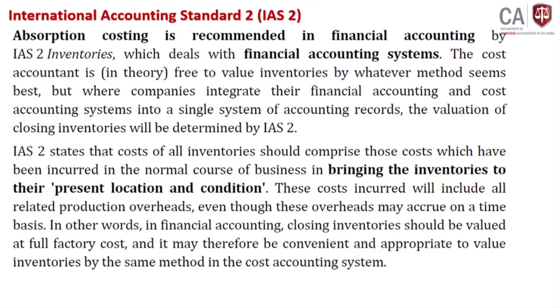Therefore, you have to include fixed production overhead cost also, which means full factory cost. Therefore, you have to value inventory using full factory cost, and in management accounting and financial accounting you can follow the same method, right. Absorption costing is recommended through what? The accounting standard, which is IAS 2, LKAS 2 in Sri Lanka. Important, can be tested, right.